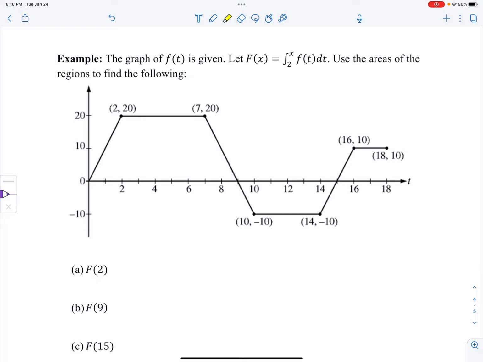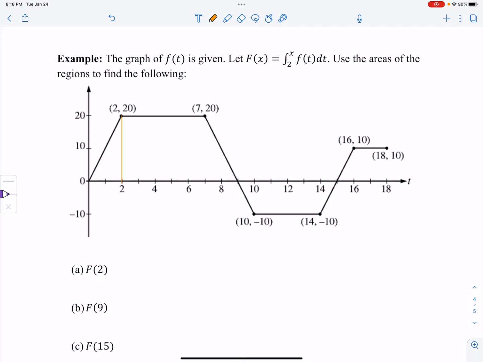Okay, so let's look at a couple examples here. The graph of lowercase f of t is given. Let capital F of x represent the definite integral from 2 to x of f of t dt. So capital F of x is an accumulation function. It's thinking about starting at 2 and letting x be different values.